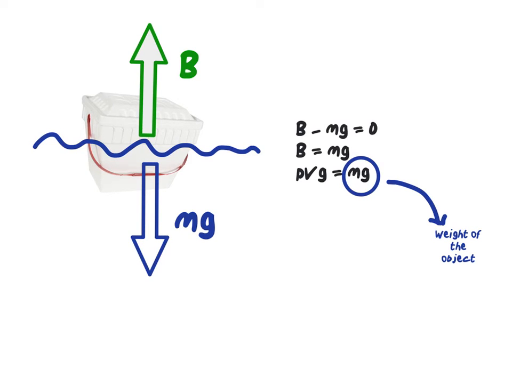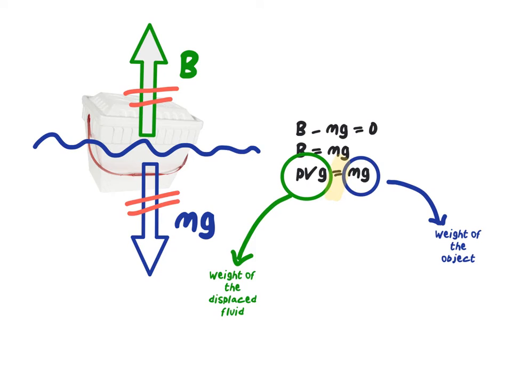The rho Vg on the left is the weight of the displaced fluid. So this expression says that when the weight of displaced fluid is the same as the weight of the object, it will be floating or neutrally buoyant.